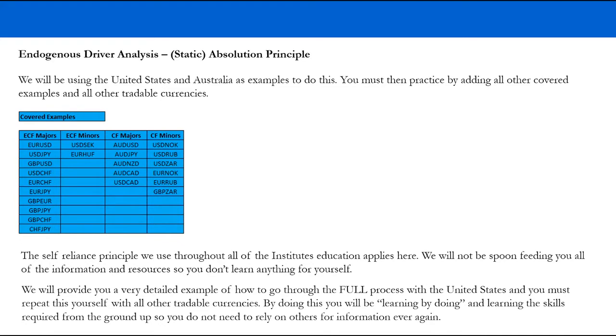And then what you've got to do is apply this to other countries and currencies within the tradable set. What you'll actually be doing by doing this is learning by doing. So learning with immersion and learning the skills required from the ground up, so you don't need to rely on others for the information ever again.